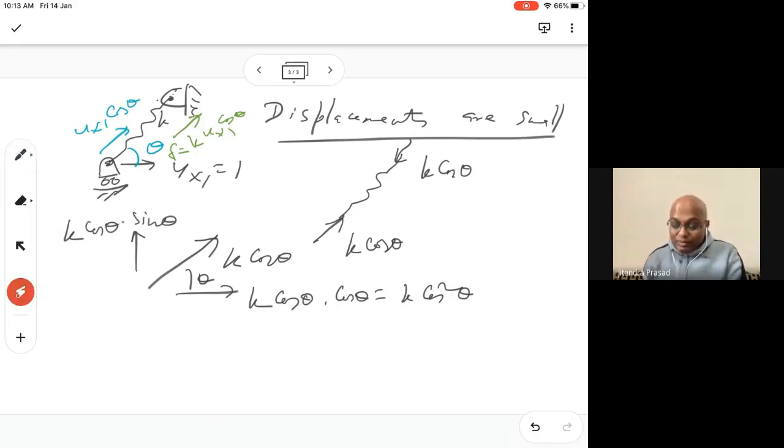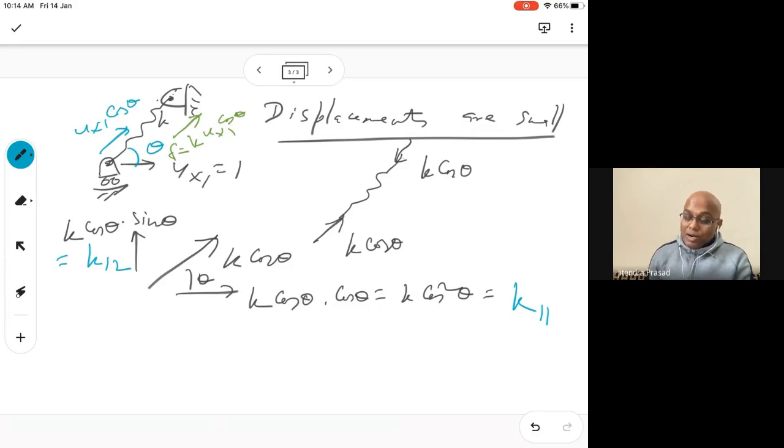So this can be resolved into two parts: one will be K cos square theta, the other will be K cos theta sine theta. That really means these are the forces, right? This is nothing but K11. This is nothing but K12.